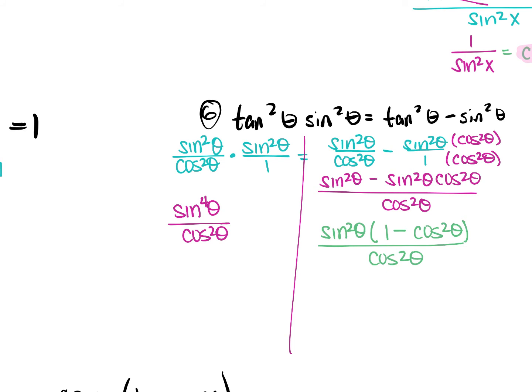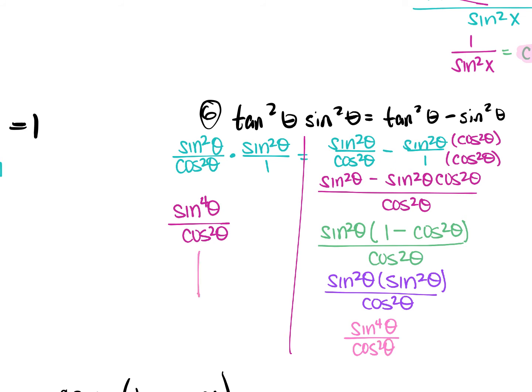Well, that 1 minus cosine squared theta, if we look at those Pythagorean identities, is also equal to sine squared theta. So that's the same thing as saying sine squared theta times sine squared theta all over cosine squared theta. The sine squared theta times sine squared theta, again, is going to give you sine to the 4th power theta over cosine squared theta. So are the two sides of your equal sign the same? Yes, they are.